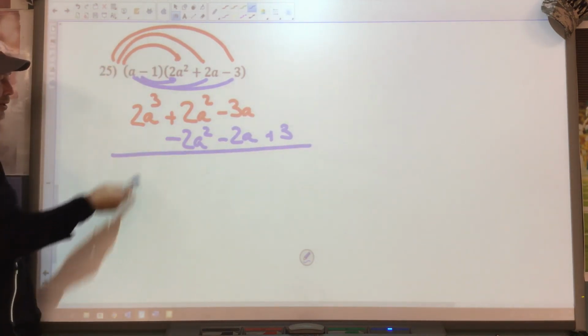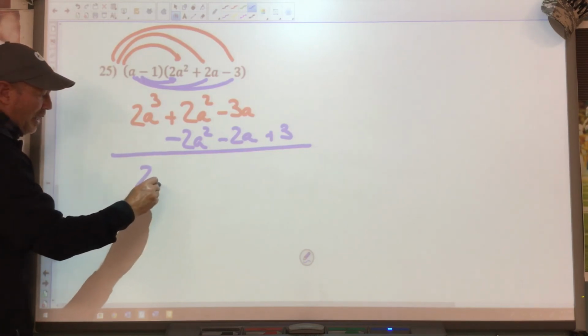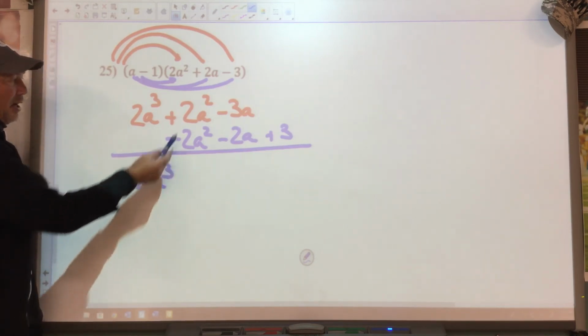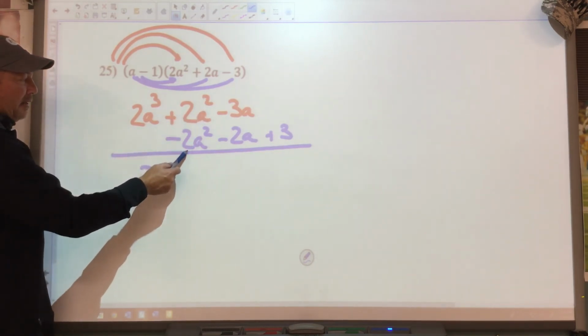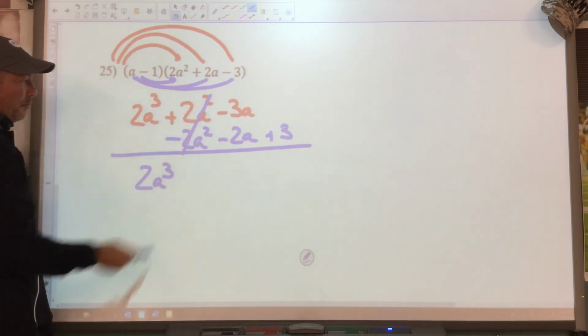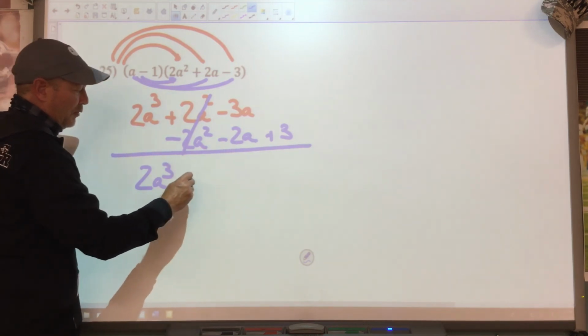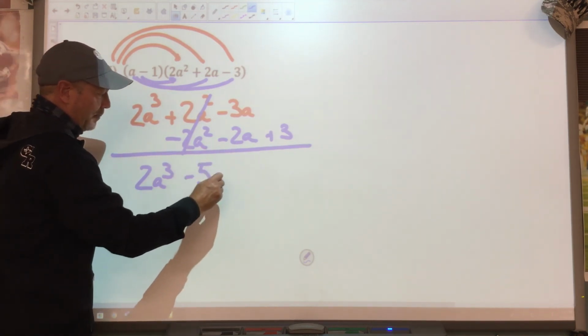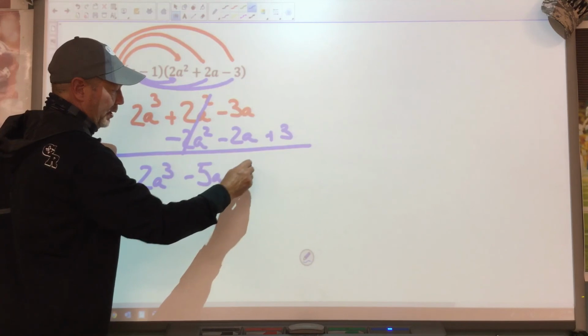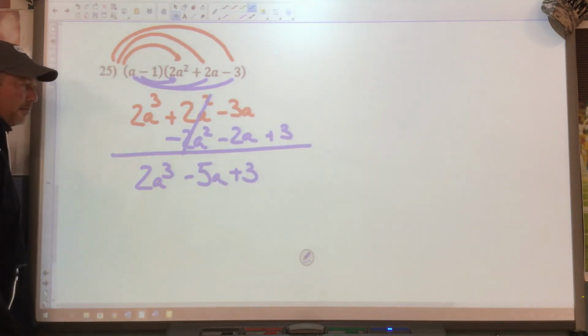When you combine like terms, I have 2a to the third, a positive 2a squared, a negative 2a squared will cancel. A negative 3a minus 2a will give you a negative 5a and a plus 3. There's your final answer. Okay?